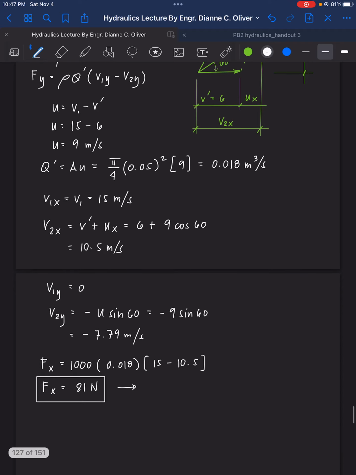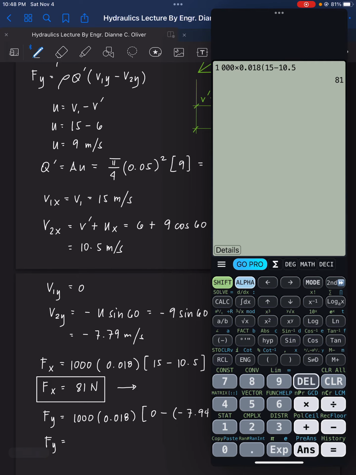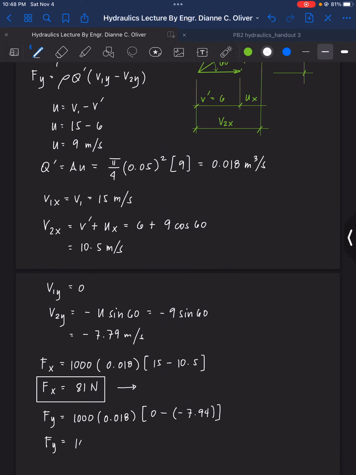Next, we have the Fy. So Fy is equal to 1,000 times 0.018 times the V1y of 0 minus V2y of negative 7.94. So Fy is equal to 142.92 Newton.